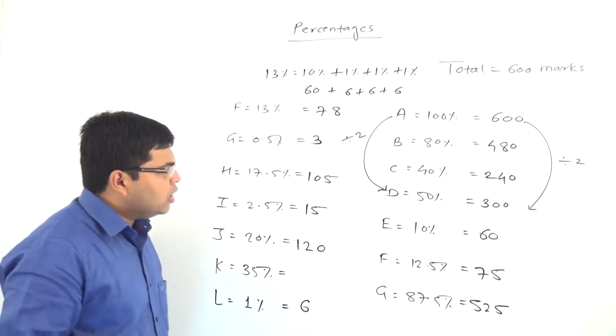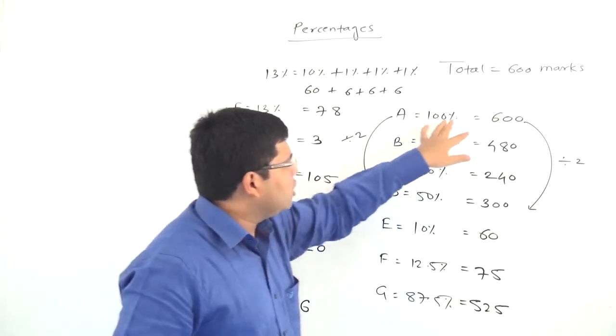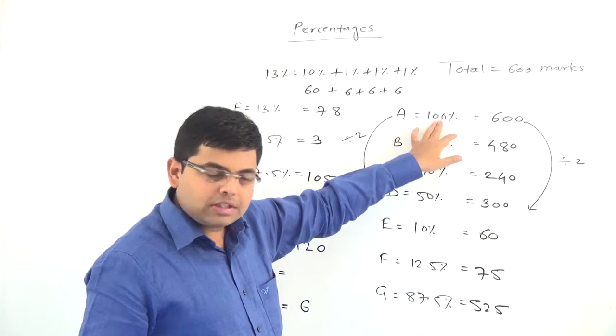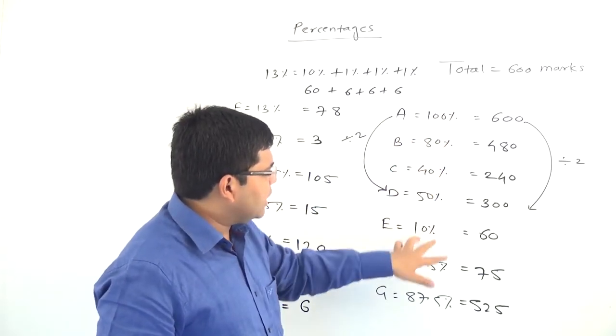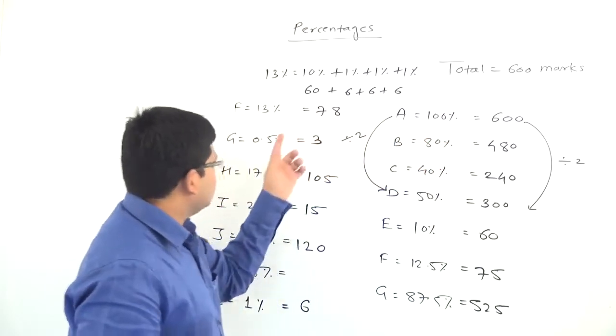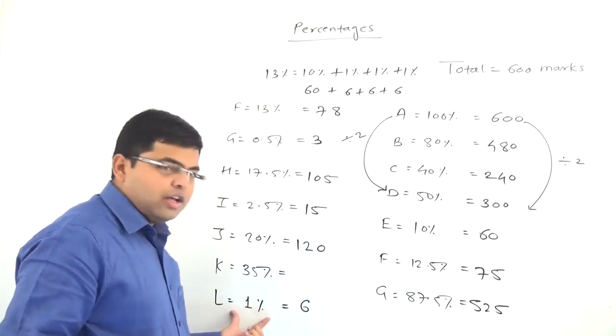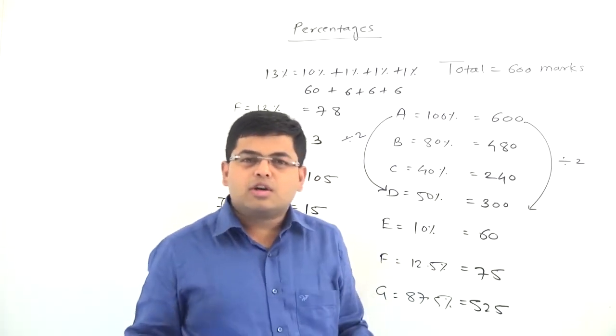The fundamental rule that you need to remember is total will always be 100%. You divide 100% by 10, you will get 10%. You divide 100% by 100, you will get 1%. Or you divide 10% by 10, you will get 1%. What is the fundamental rule here?